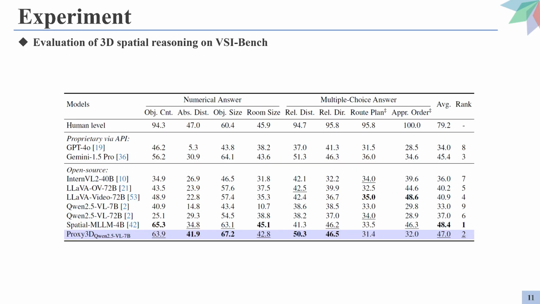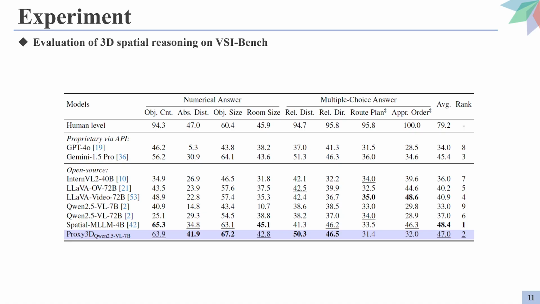This slide presents the results for the spatial reasoning experiments conducted on the VSI benchmark. It evaluates Proxy 3D on a broader set of 3D spatial reasoning tasks. Proxy 3D achieves the second best average rank among the open source models. It performs especially well on object counting, absolute distance estimation, object size reasoning, and relative direction.